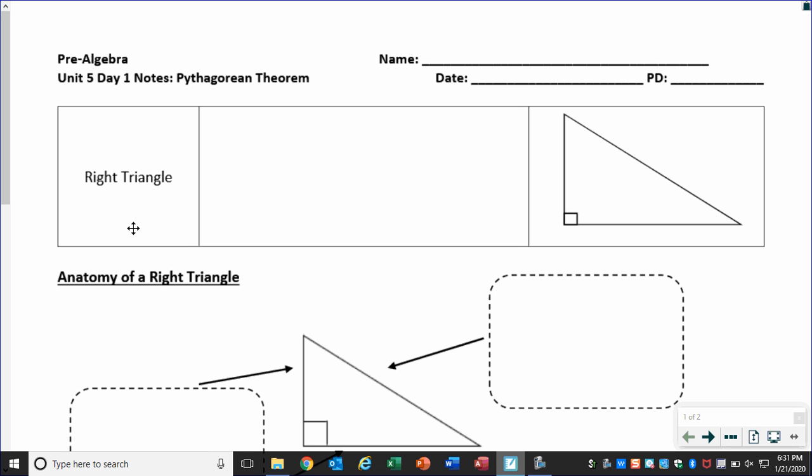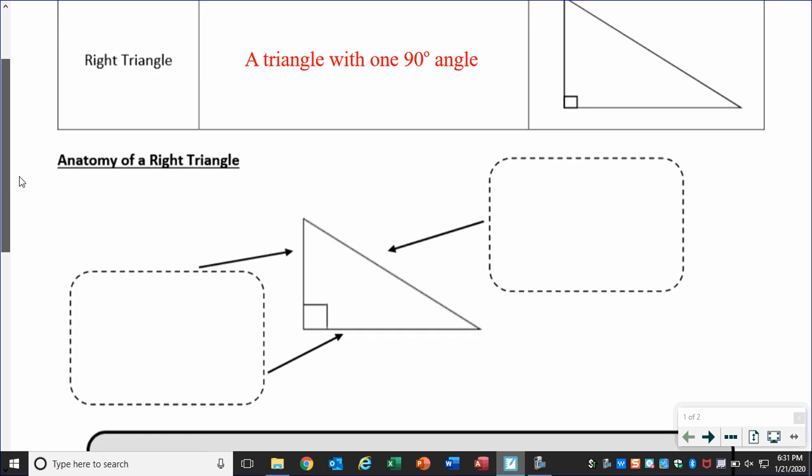Okay, so a right triangle is a triangle with one 90-degree angle. One of the many ways you can draw a right triangle is like this. You'll always see a little square here, and that denotes the 90 degrees. That's how you know it's 90 degrees, not by looking at it. Now, there are different parts of a right triangle.